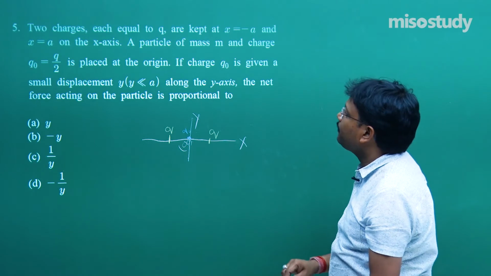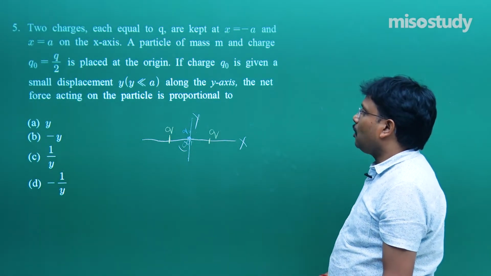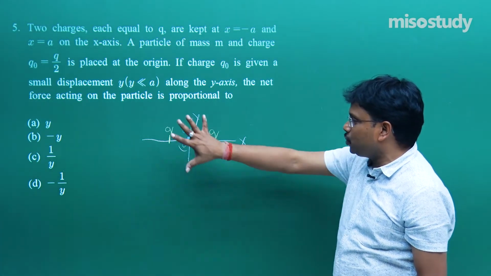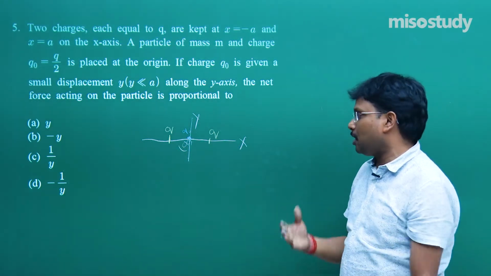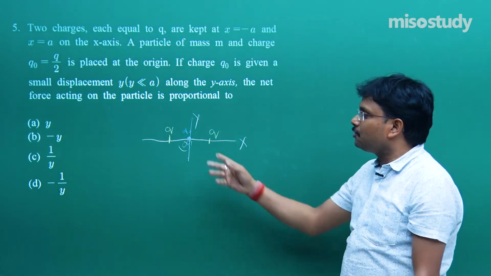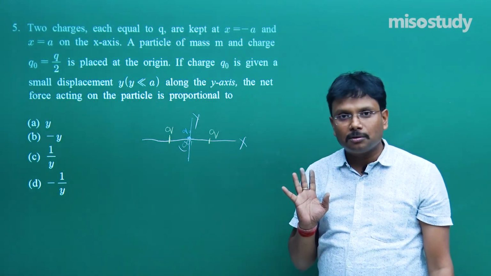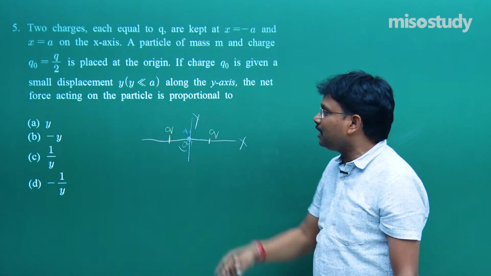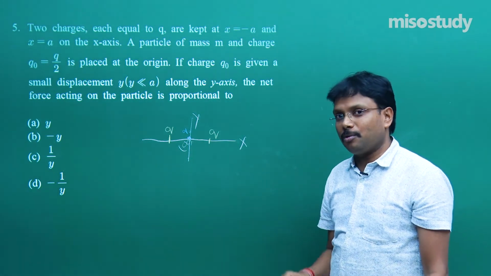Fine? Okay. The net force acting on the particle is proportional to... The very first thing after watching this diagram in the examination hall that should come out of your mouth is that it is going to perform periodic motion. Fine. Because it is also given y is going to be very, very less than a, so it is going to be simple harmonic motion.